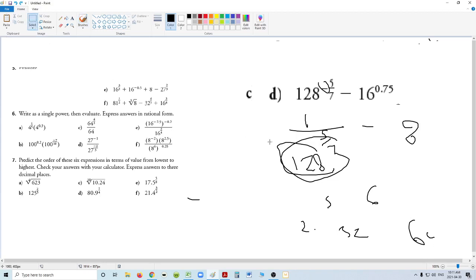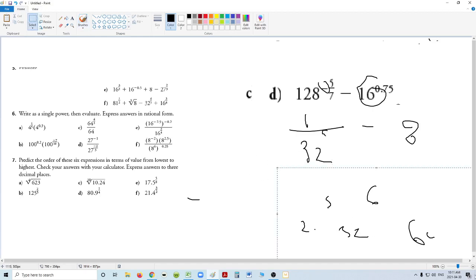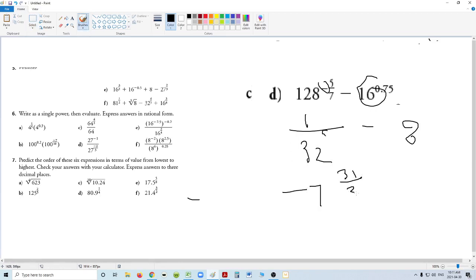The 7th root of 128 is 2, so I'm left with 2 to the power of 5. 2 to the power of 5 is 1 more than 16, so it's 32. So you're left with 1 over 32 minus 8, which is minus 7 31/32.